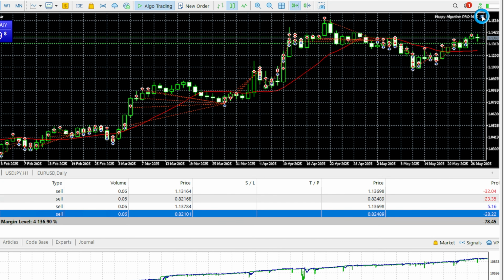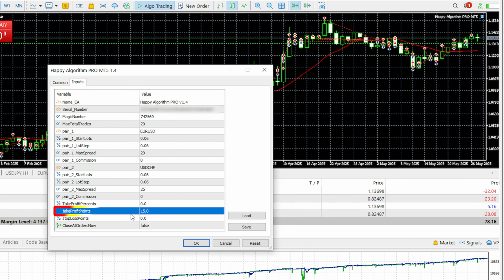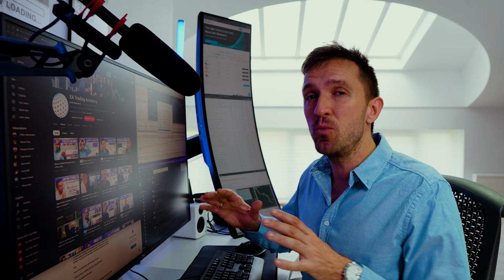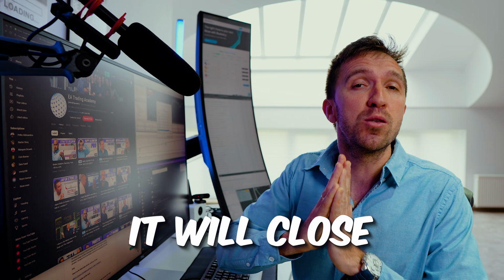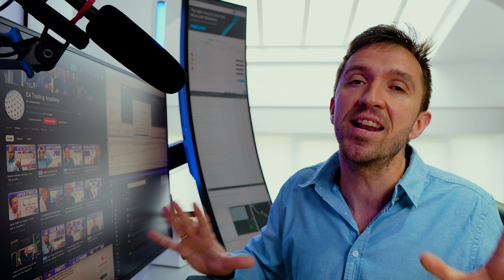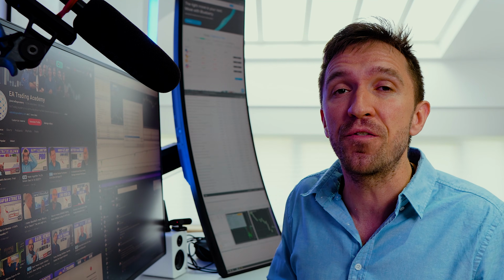Now if I show you the properties, you will notice that the take profit is 15 pips or 150 points. In other words, when the combined result of the two trades reach 15 pips or 150 points, it will close the trades and it will take these 15 pips.